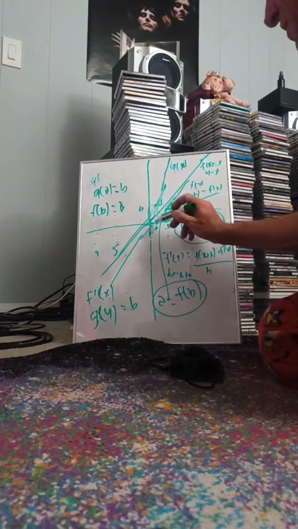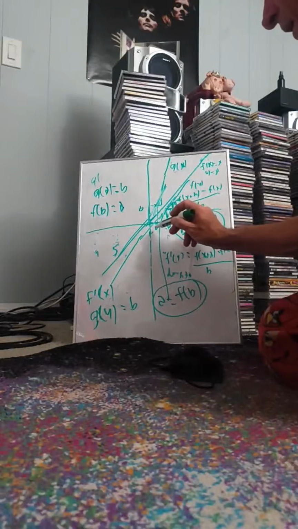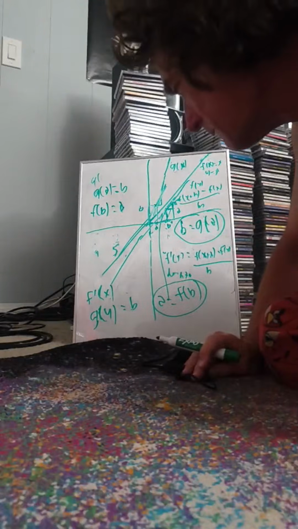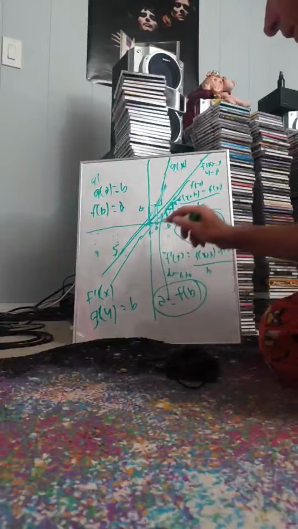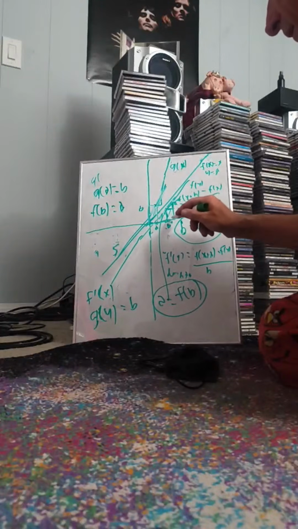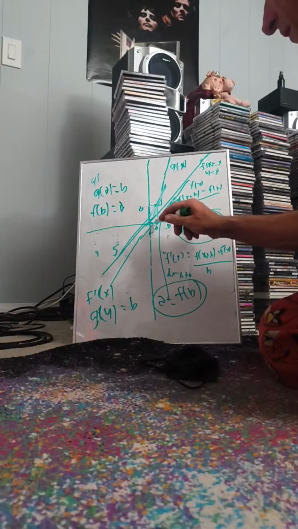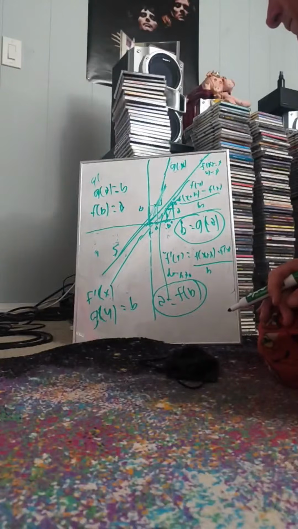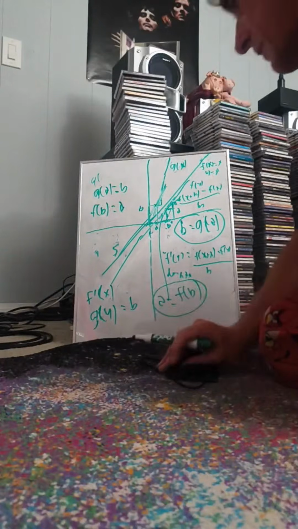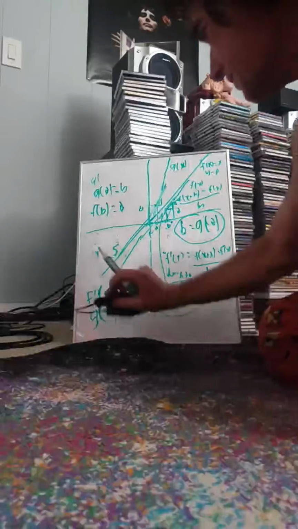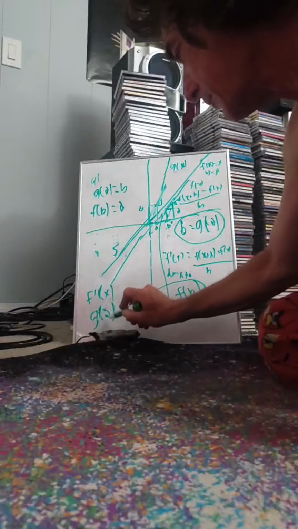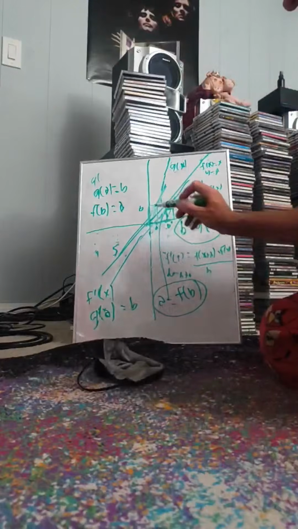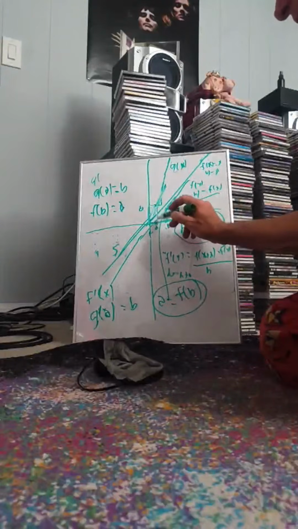But this slope is g of this, g of a. Okay, g of a, but that's g of y, because this is y. So g of y, wait, g of a equals b, actually. g of a equals b. Okay, that's what I meant to say there.